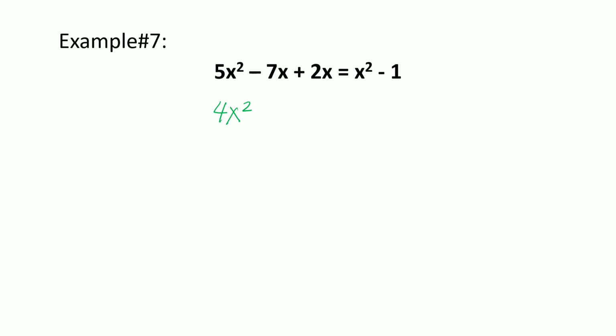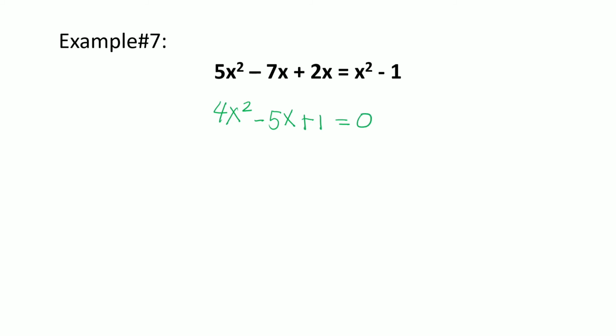Then negative 7x plus 2x is negative 5x. Negative 1, the constant, would also be transposed to the left side. We will have here positive 1. And the right side will be equal to, of course, 0.